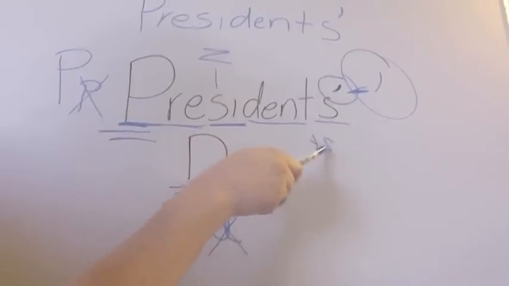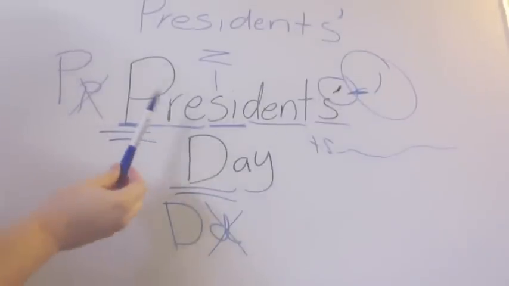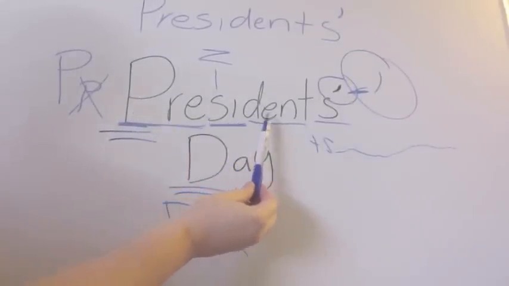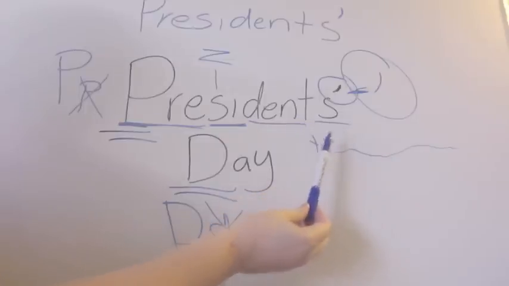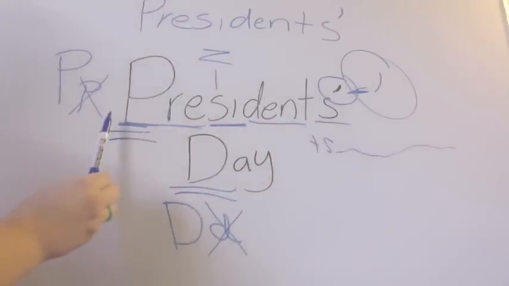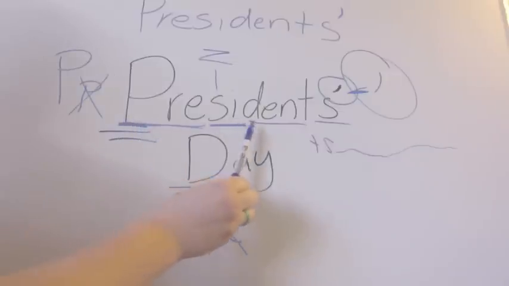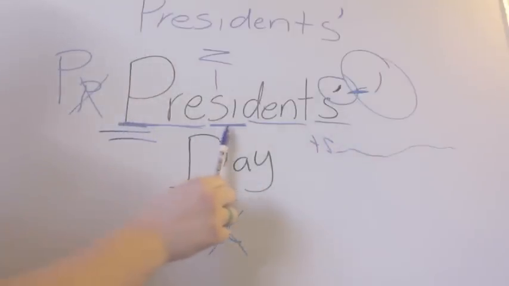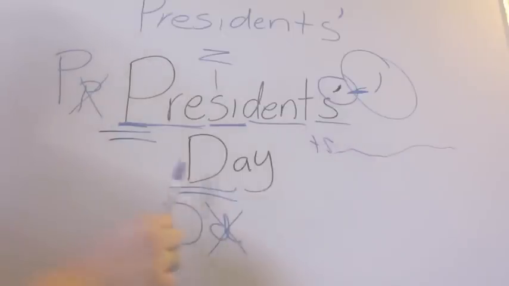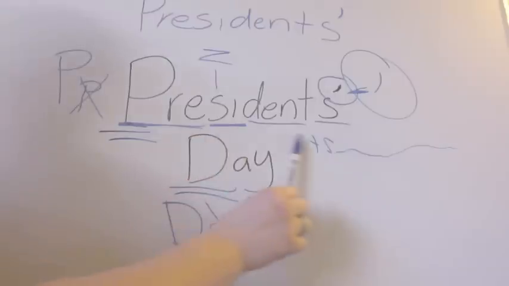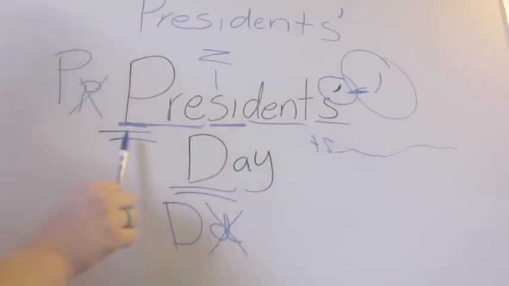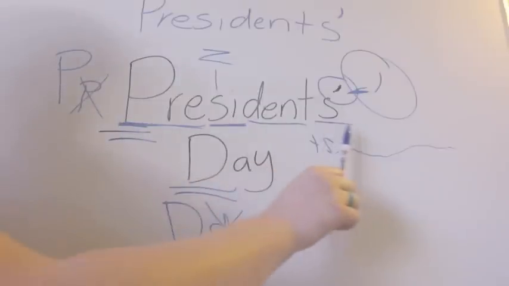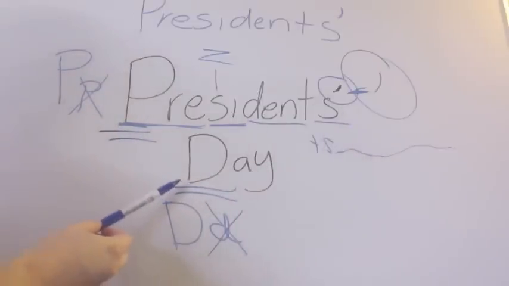There's that TS again. Pre, z, dents. Presidents. And this is pretty easy.